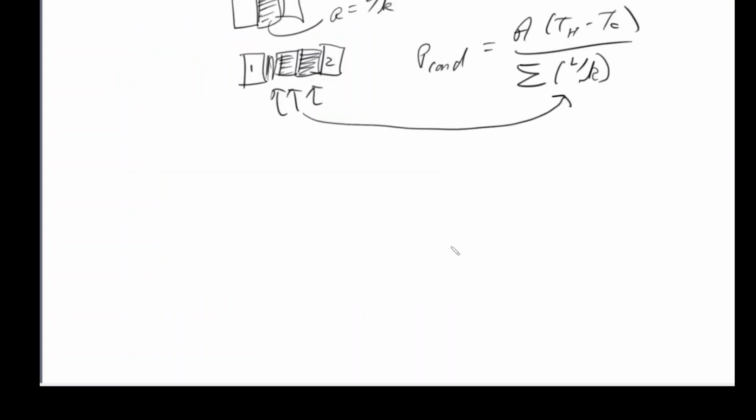Now let's look at another mechanism of heat transfer, and that would be convection. Convection occurs when a fluid, such as water or air, is heated, then the fluid changes density and moves around, bringing the heat to other areas of the fluid.